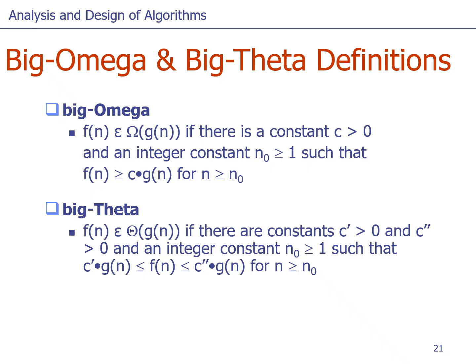Okay? Now, if you're wondering whether there are algorithms that have the worst case and best case the same, the answer is yes. There are not many of them, but there are quite a few in almost every area of computer science algorithms. You will find some that have their worst case and best case the same.